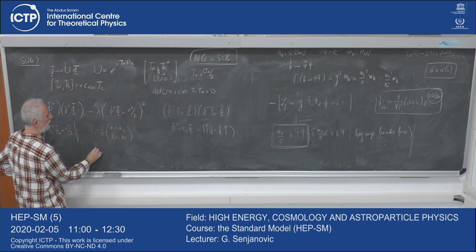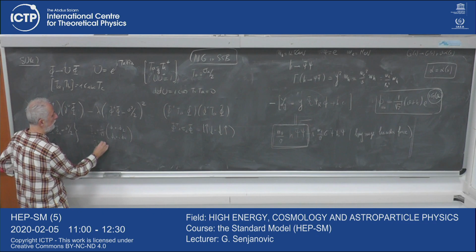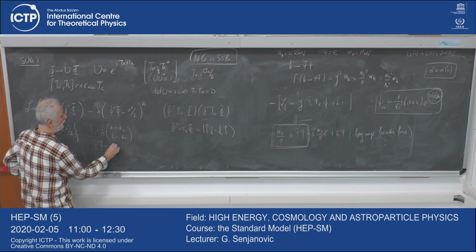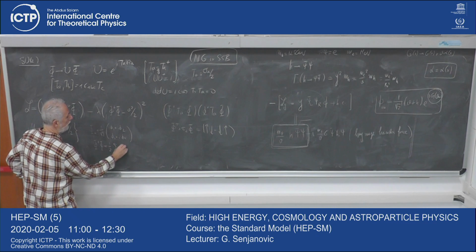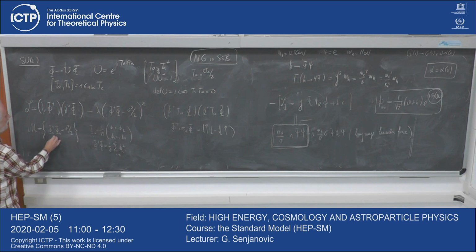So phi dagger phi is 1/2 sum phi i squared, i from 1 to 4. So this condition really translates into sum over phi i 0 squared, i from 1 to 4, is v squared.